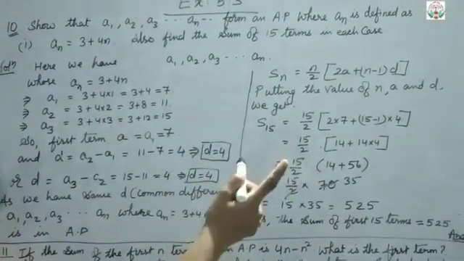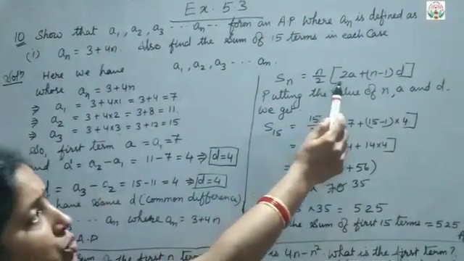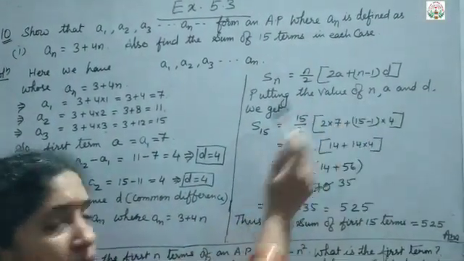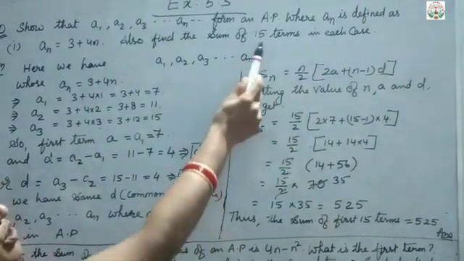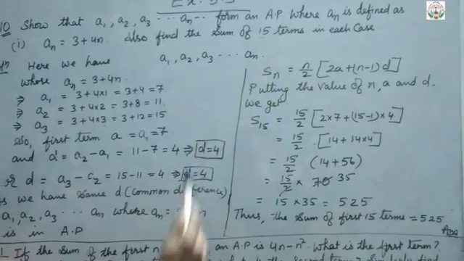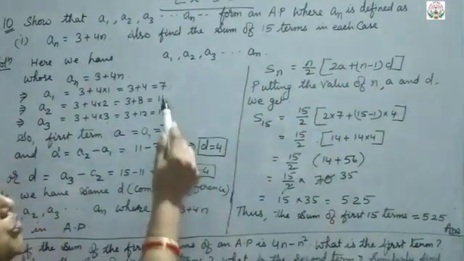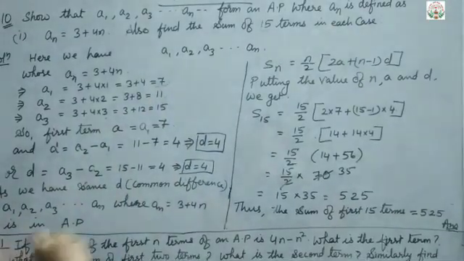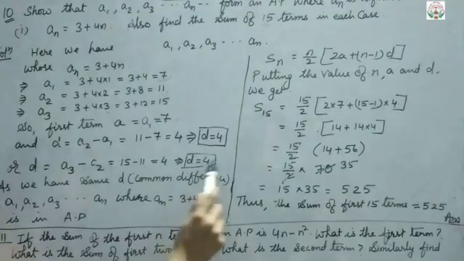So the sum of n terms formula we know: Sn equals n upon 2 into 2a plus n minus 1 into d. Here n is 15, because we have to find the sum of 15 terms. A is the first term, that is 7, and D is 4.